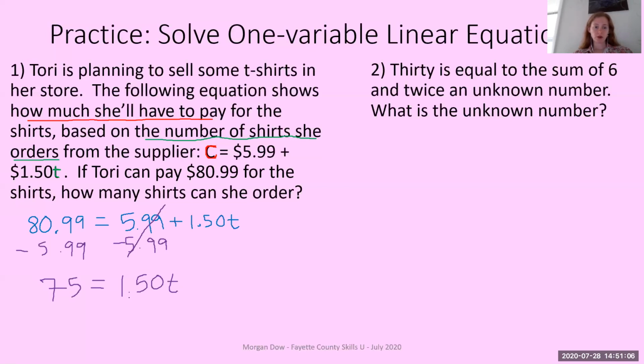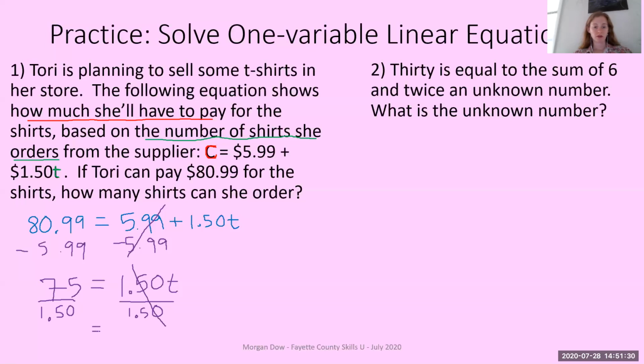So what's next? Well, we want to cancel out that multiplication with division. We're going to divide by 1.50. Cancel those out. Same thing to the other side. Now you could do this with long division.